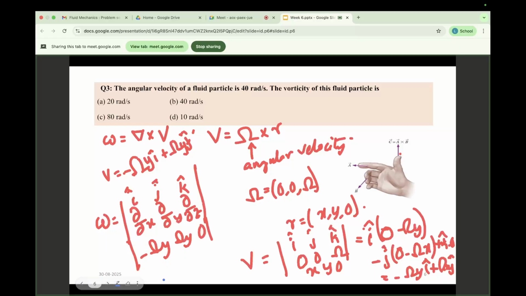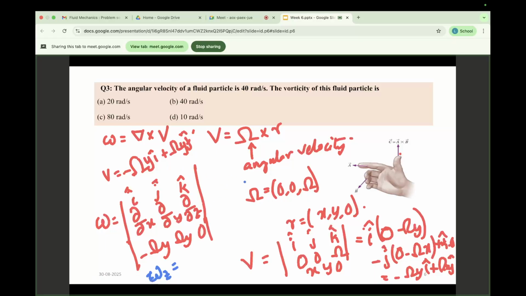So now you can find, so we have to find only in this z direction, right? So z direction means this direction. I am talking about this k. So what I will get is this one minus this one, is it?